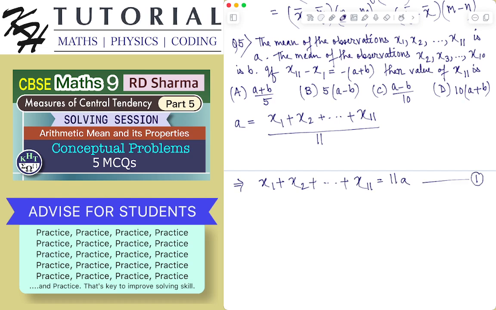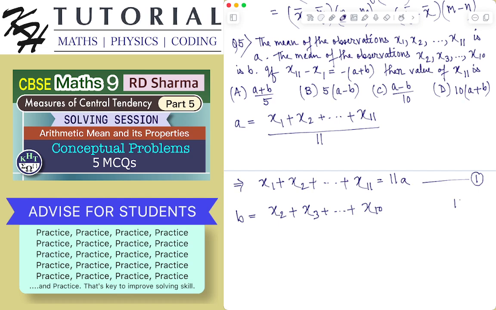Again it is given the mean of the observations x2, x3, up to x10 is B. The sum of the observations will be x2 plus x3 up to x10. How many observations are there? The subscript of the last element is 10 and the subscript of the first observation is 2.